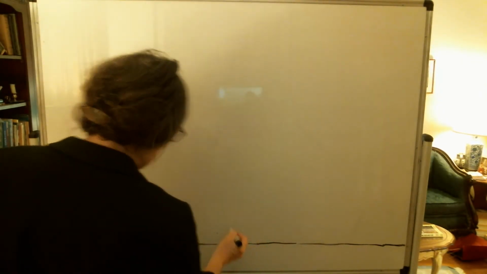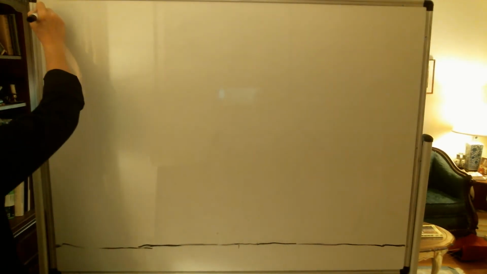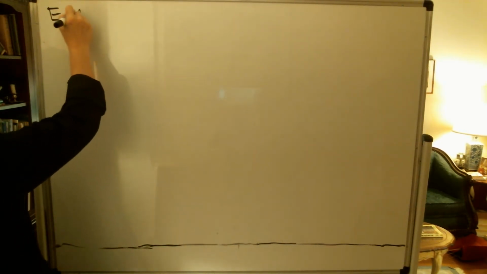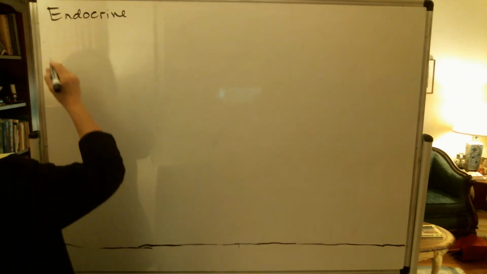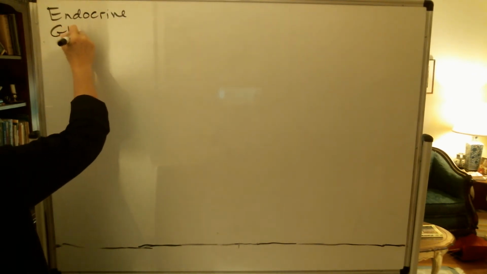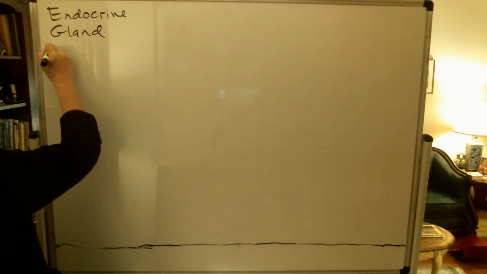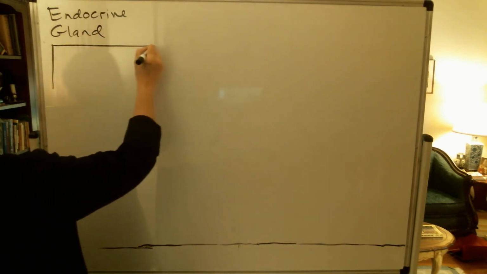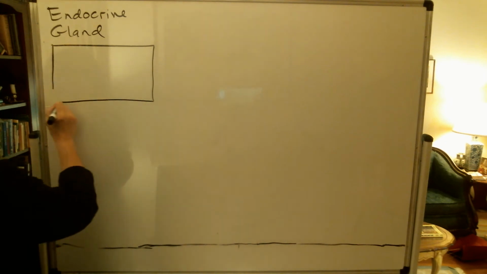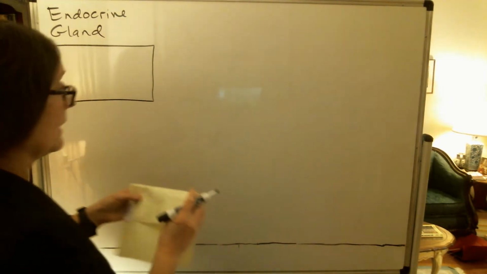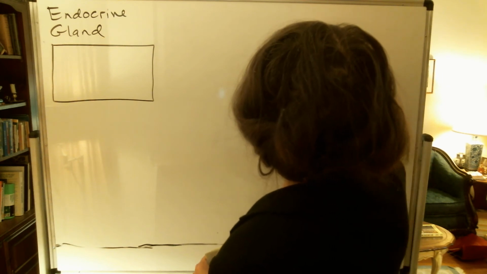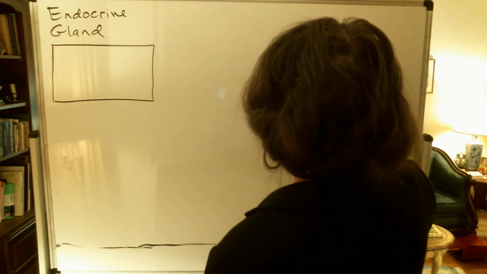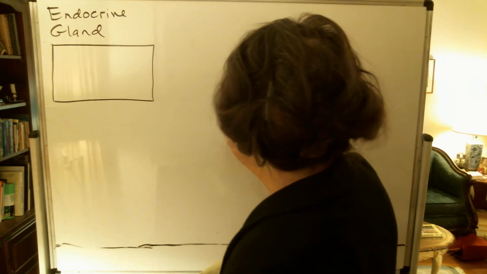So here we are going to have some endocrine gland or other. Here it is. And then we're going to have a bunch of cells. I'm going to give myself some room here. So here's a cell.